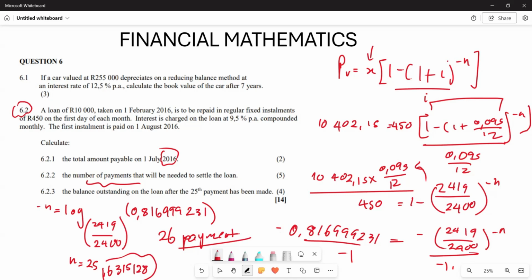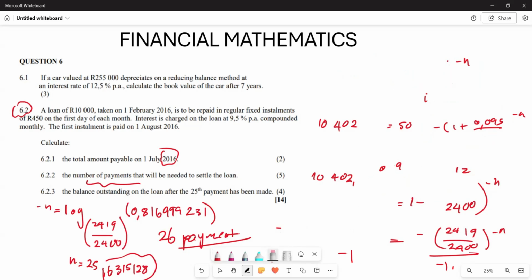Now let's see, in 6.2.3, they say the balance outstanding on the loan after the 25th payment has been made. Now they want us to calculate the outstanding balance. It's very easy to calculate, you're just going to use the outstanding balance formula.